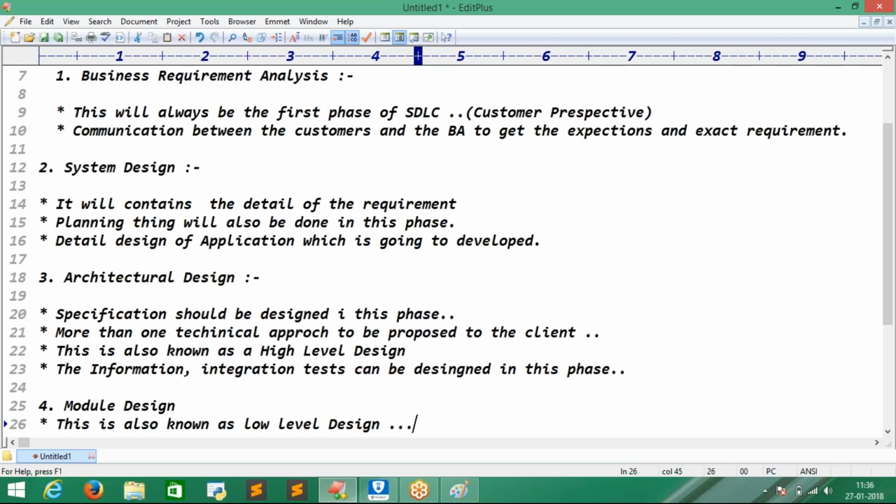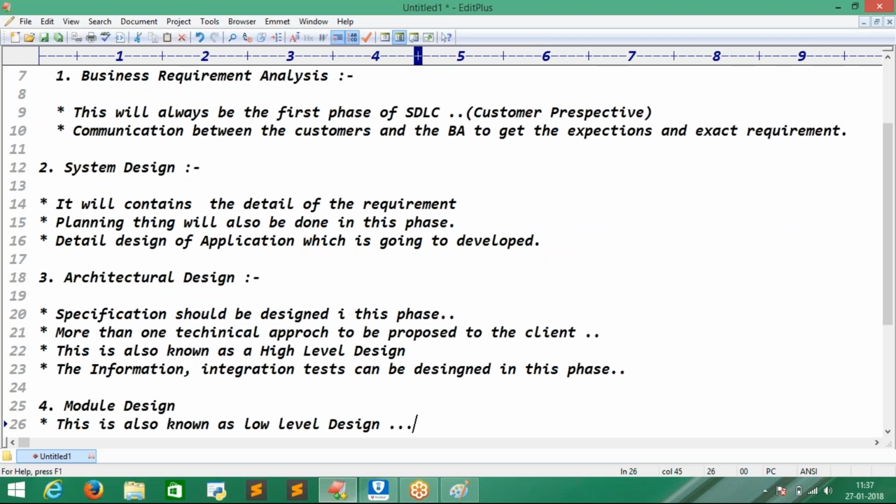You are making an application of a calculator and you are going to give it to them. There will be small features of a calculator. Addition is a feature, subtraction is a feature, division is a feature, multiplication is a feature. So these are all the small features of a calculator.